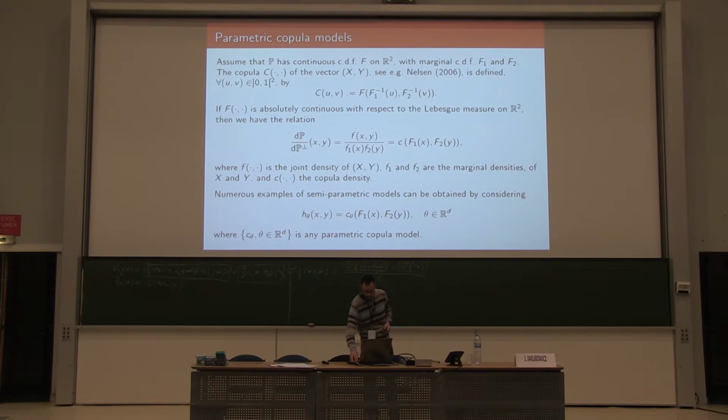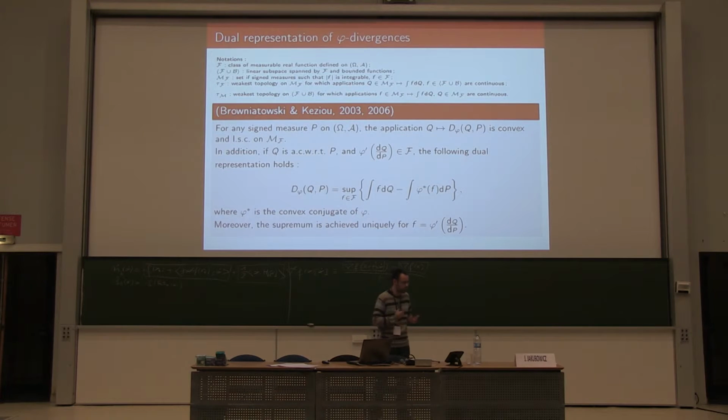Now, how to take advantage of this semi-parametric modeling to efficiently estimate the mutual information? Well, we will take advantage of the following dual representation for phi divergence. Namely, any phi divergence between a probability distribution Q, which is absolutely continuous with respect to another one P, can be expressed as a supremum of an objective function given here, which is the sum of two integral terms.